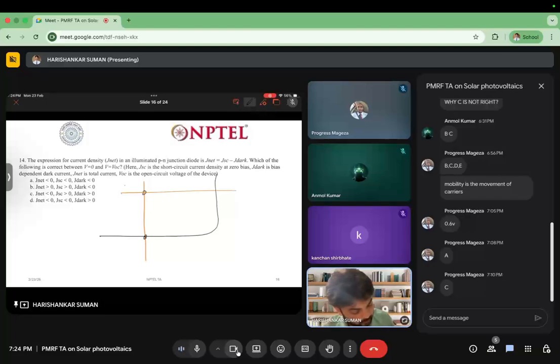So here is V equal to 0 and here is V equal to VOC. So you have to discuss, you have to take this region, let's say. Question about this region.